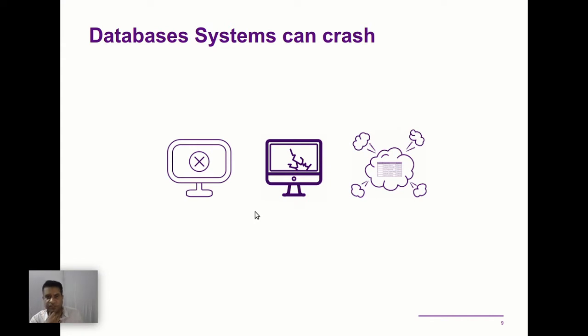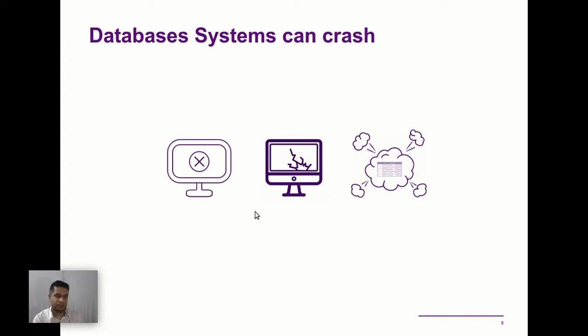The other problem with databases is that databases can crash. And that's not to say that only the software can crash. It's possible that the hardware that hosts that database system software can also crash. There could be a number of reasons beyond someone's control that could result in this crash.